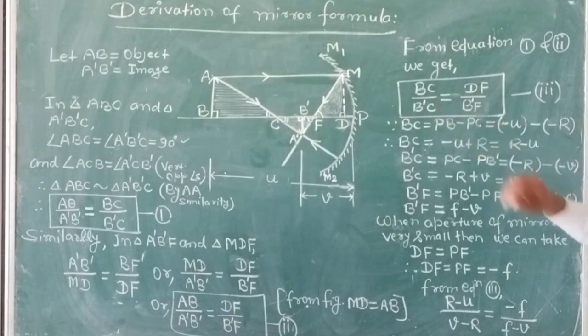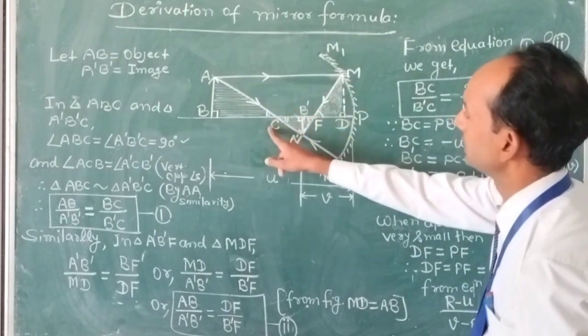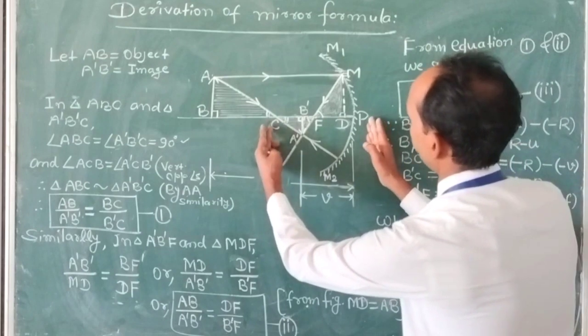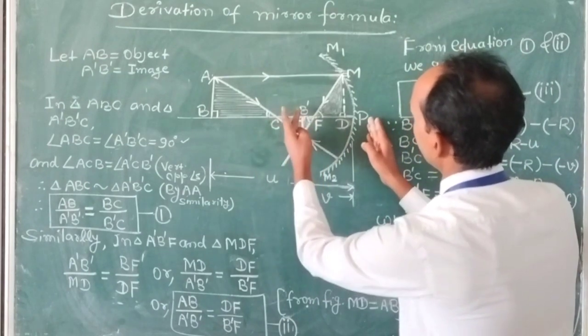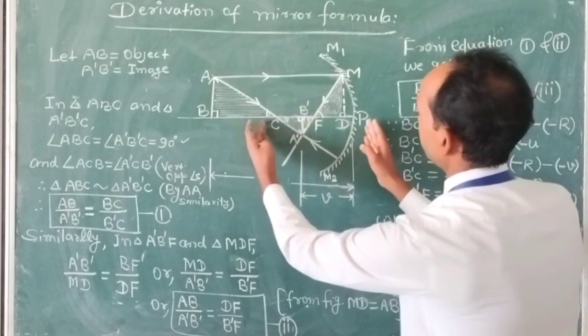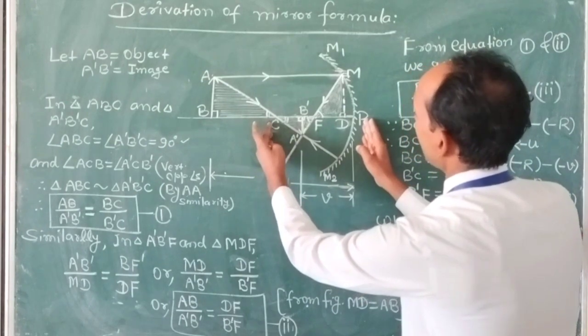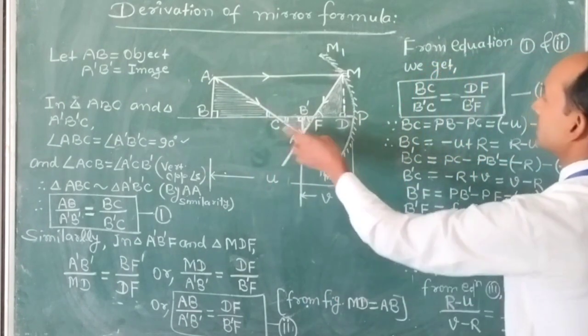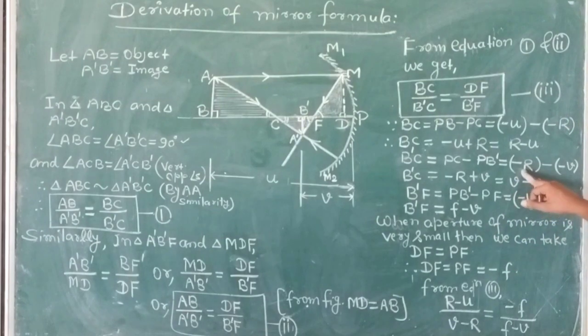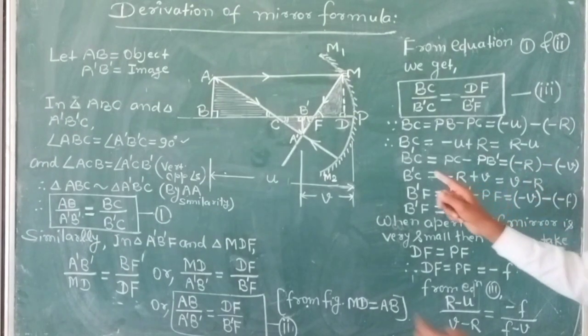Similarly, B dash C can be written as PC minus PB dash, and PC is equal to minus R because this is the radius of curvature. So this can be written as minus R minus PB dash.